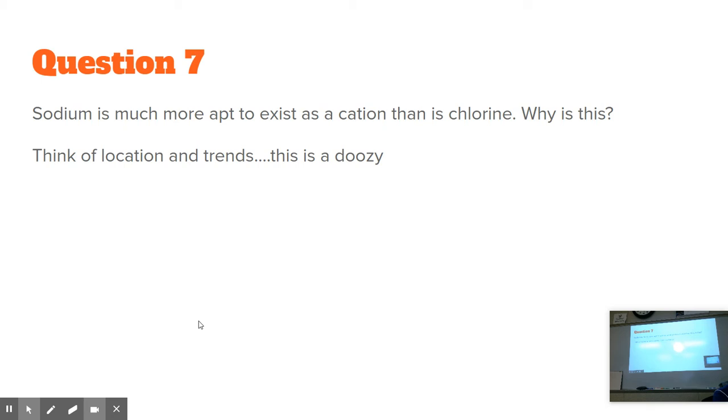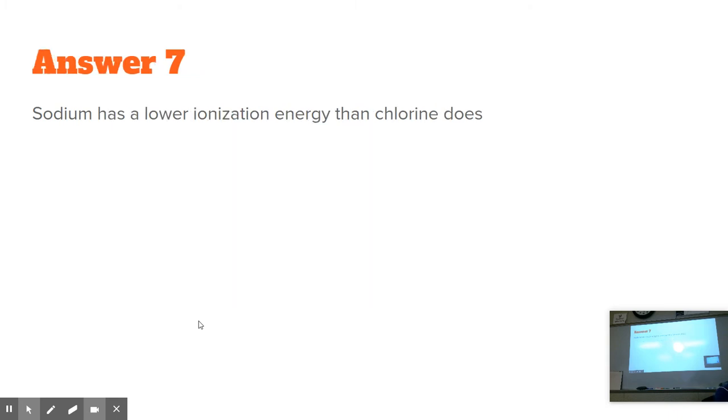You know what apt means? Likely. Why would sodium be more likely to exist as a cation than chlorine? Well, the answer is this. Sodium has a much lower ionization energy than chlorine does. So it's going to be really glad to get rid of its electron much more easily than chlorine is going to want to get rid of any electrons.